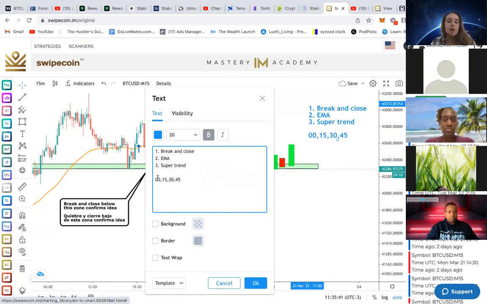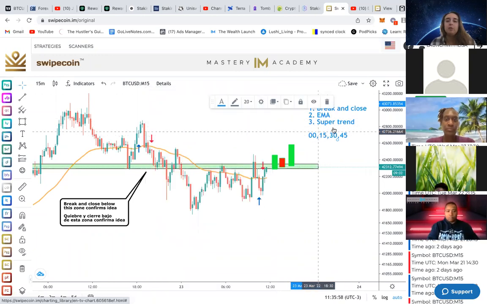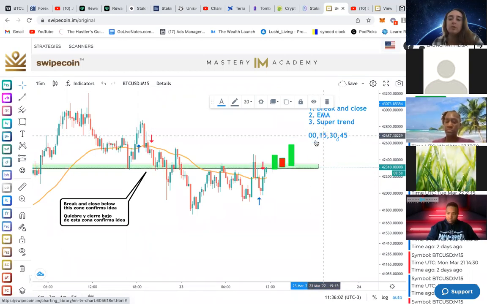So like a train coming, right now it is 2:35 UK time, so the next train is coming at 2:45, right? And then 3 o'clock, 3:15, 3:30, 3:45. Why do we do that? Because that's when the candles are going to close, right? That's when your candles are going to close.